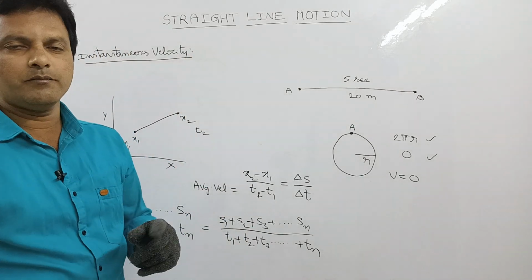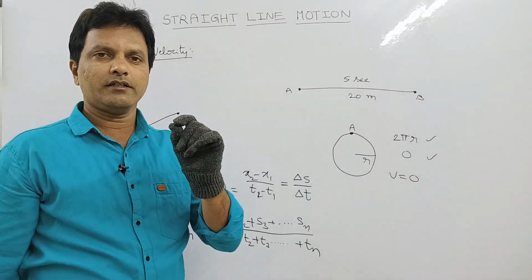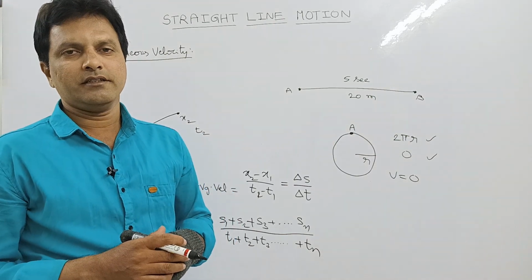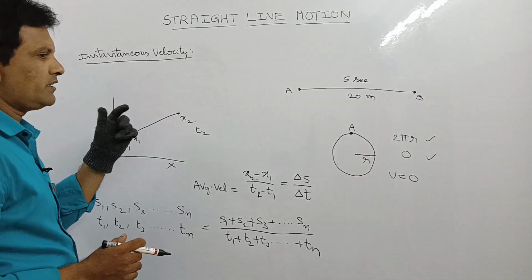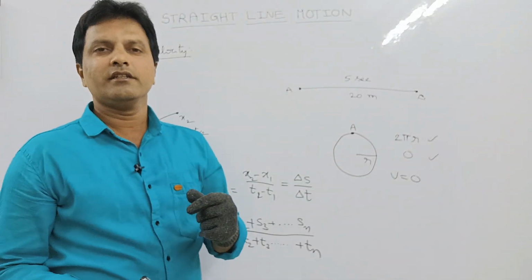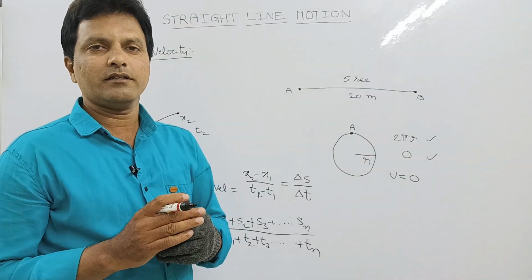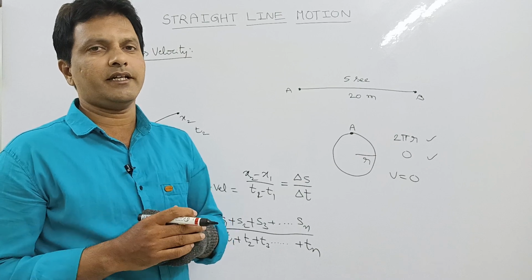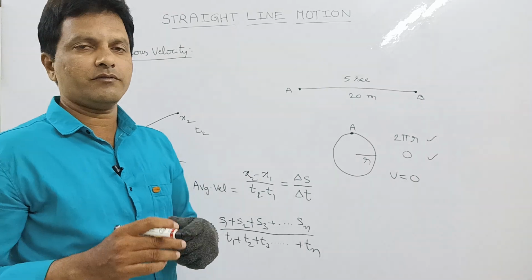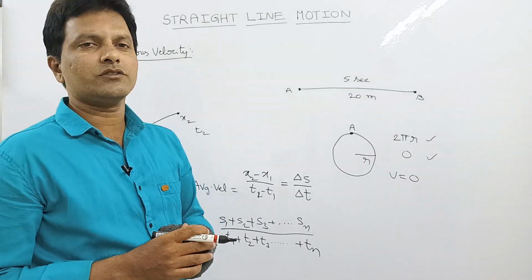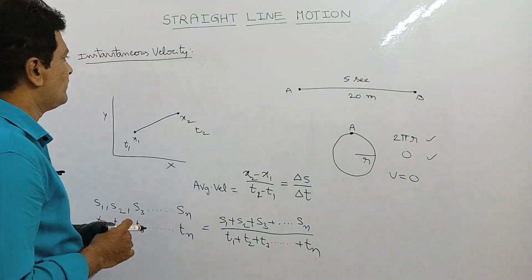The velocity of a body at a particular instant of time. Instantaneous means what, instant? At a particular position, at a particular time. So the velocity of a body at a particular time of travel is called instantaneous velocity.